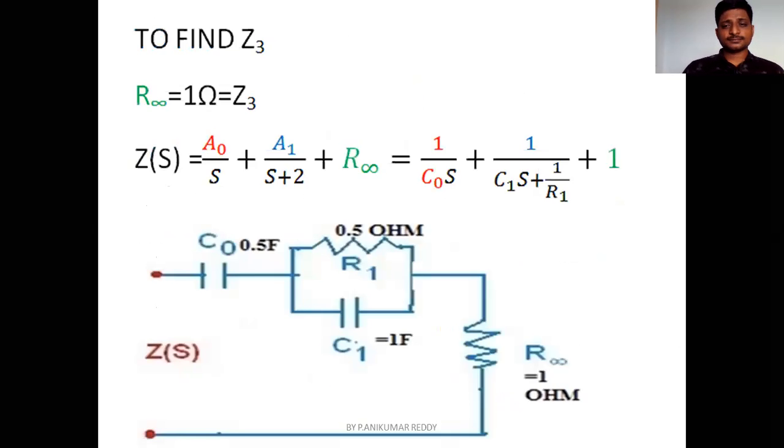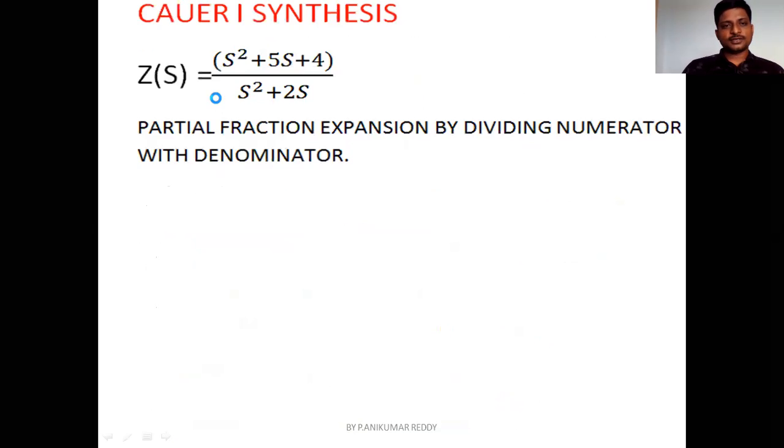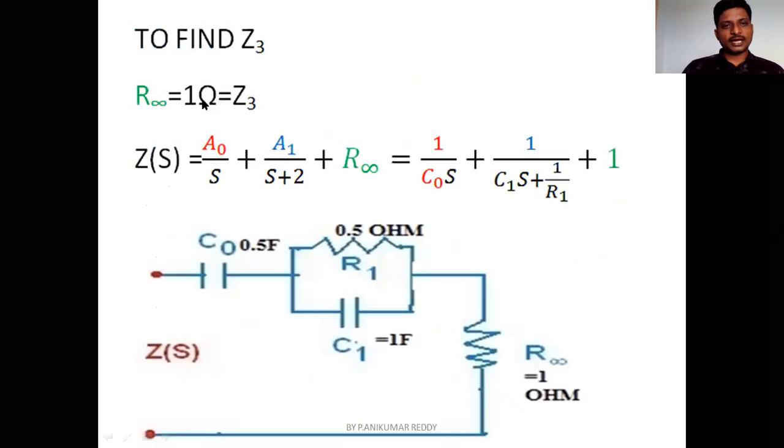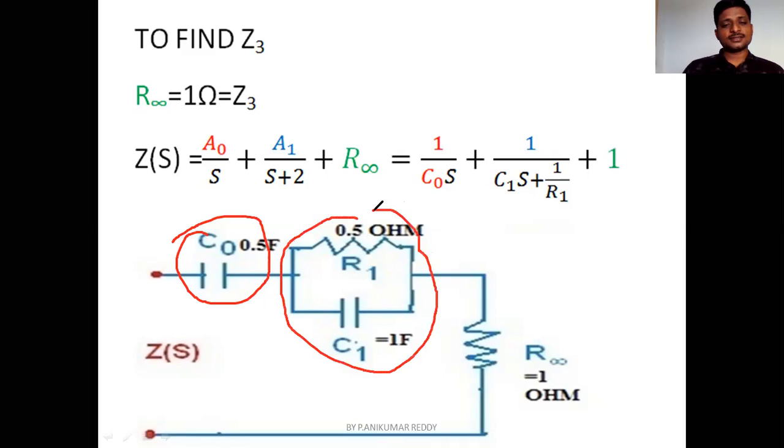After finding the value of R infinity, you have to draw the diagram. As I told you already, first is a capacitor at 0 and its value is 0.5 farad. The second is the parallel combination of R1 and C1, and finally we draw a resistor.